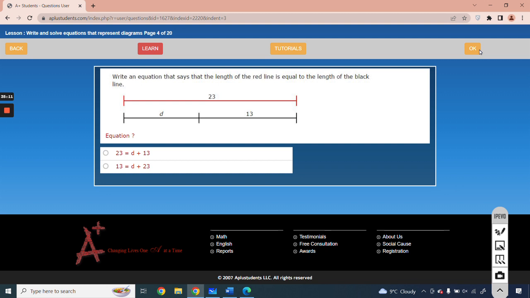Write an equation that says the length of the red line is equal to the length of the black line. So which option is the correct one? Very good, that would be option number 1. 23 equals D plus 13. Got it?